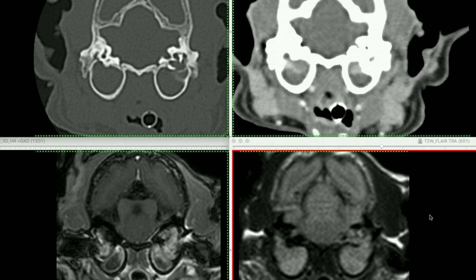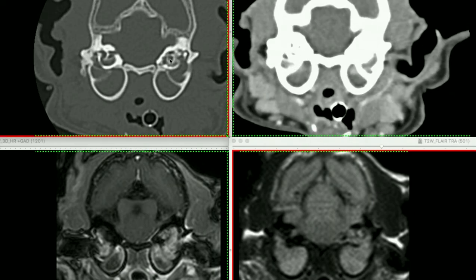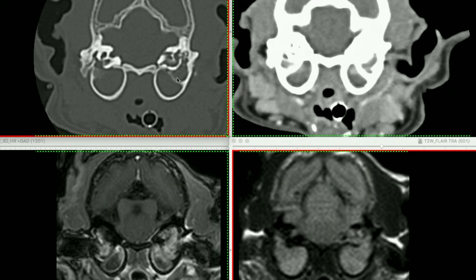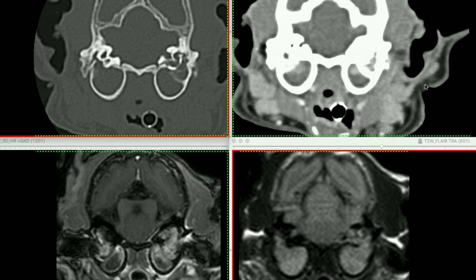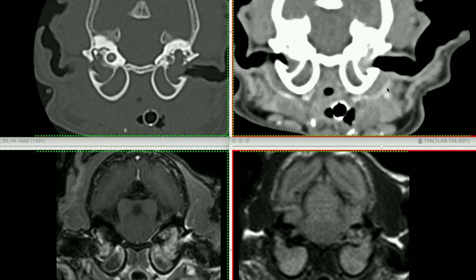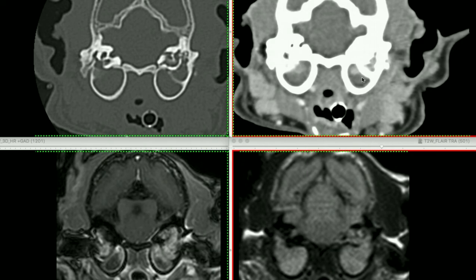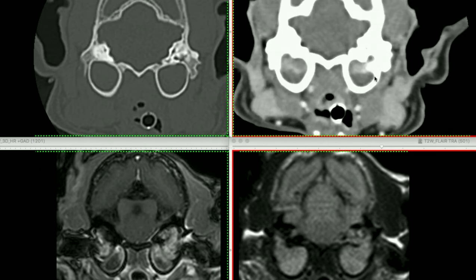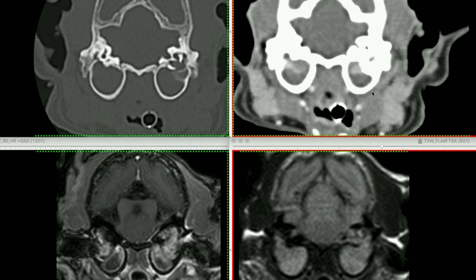So this particular case also had CT, which is a really nice case to illustrate the lack of sensitivity of CT for intracranial disease. We can see very nicely on the CT the bony structures associated with the middle and inner ears, and obviously we can certainly in this case diagnose otitis media. We see very nicely on the CT the abnormal enhancement and contents of both middle ears.